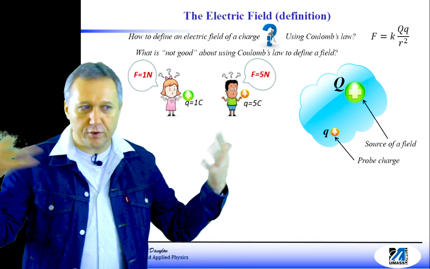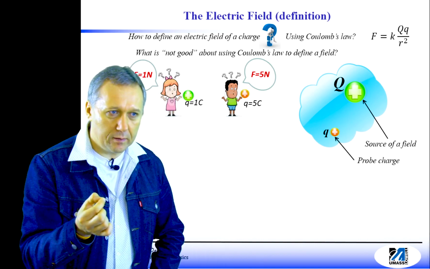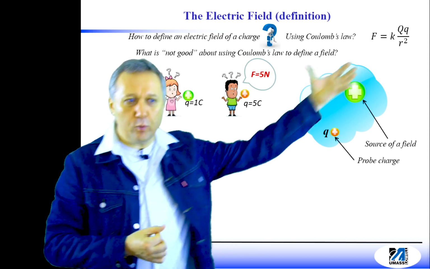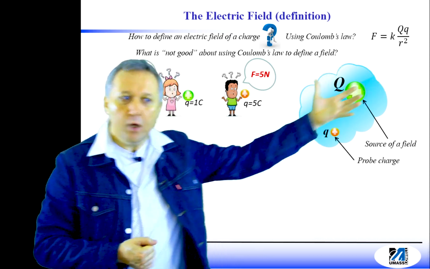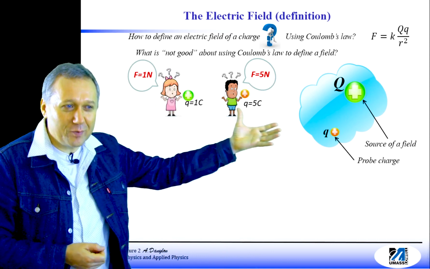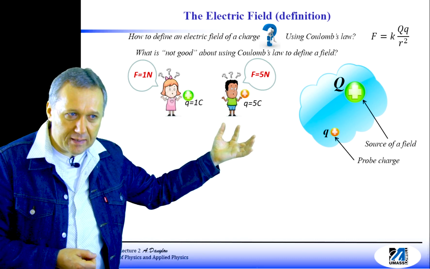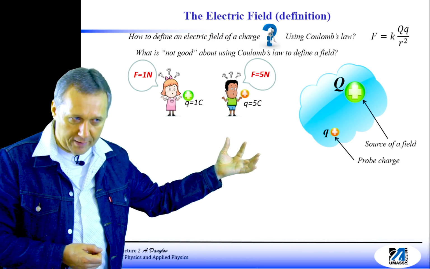Not 2 numbers, not 3, not 100 numbers. It must be uniquely defined. In our case, if we use Coulomb's law, we can get as many numbers as we want, because we can use different probe charges. So it doesn't make sense to use Coulomb's law directly.